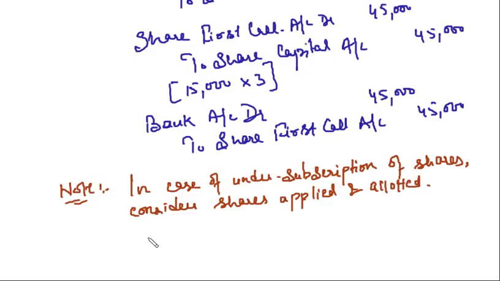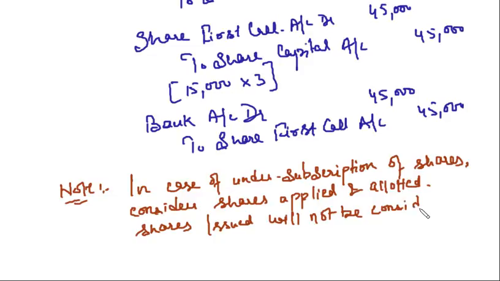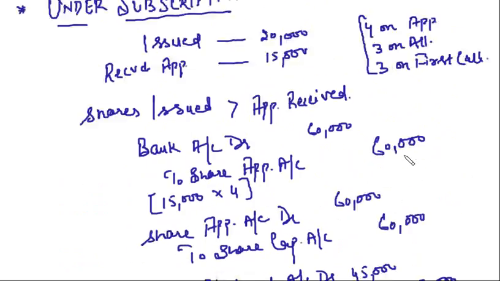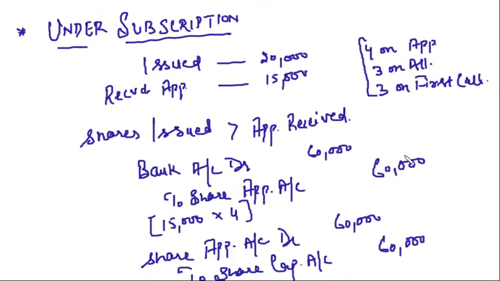Right? Shares issued will not be considered. Clear? So this is the case of undersubscription of shares when the shares issued are greater than the applications received.